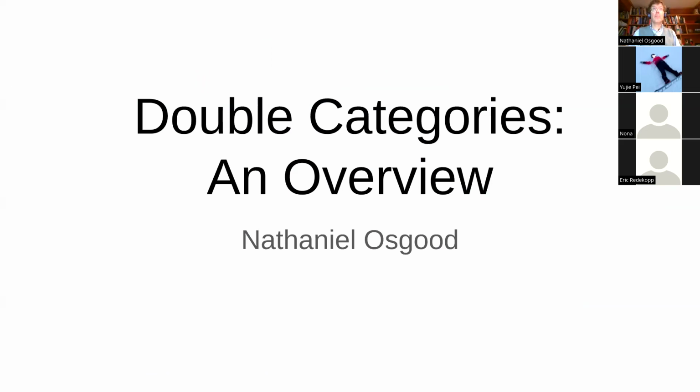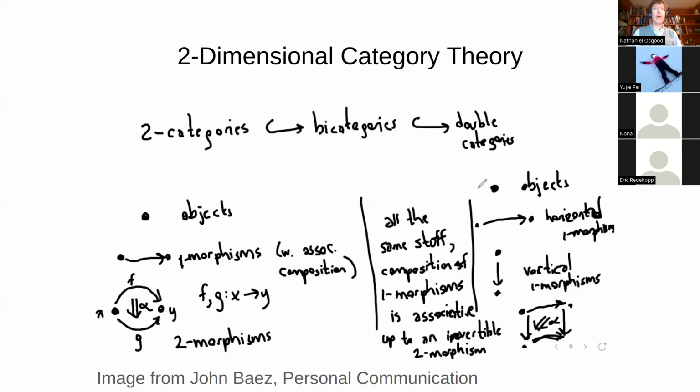So together we saw double categories before, and the idea is that it's taking our notion of a category up a dimension. So now we have mappings from one morphism to another, and there are different stories here with 2-categories, which are a subtype of bicategory, which are a subtype of double category.